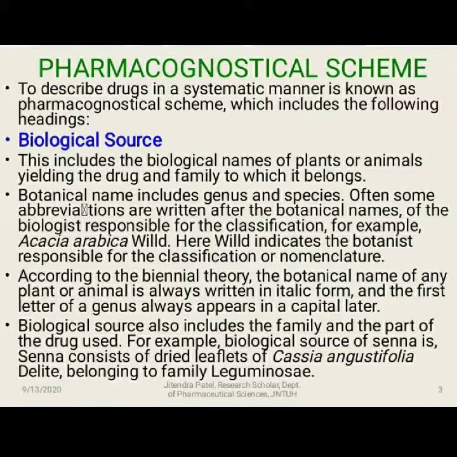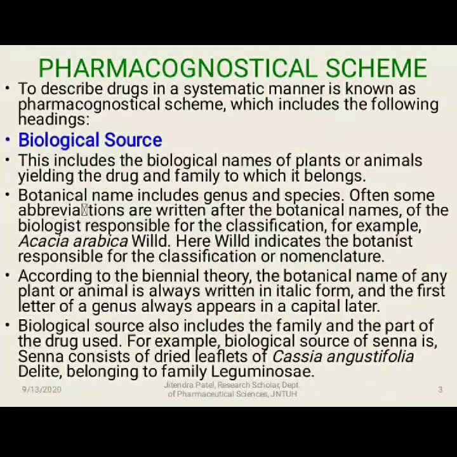Under the fourth point, the biological source also includes the family and the part of the drug used, right? Which part we are using is very important. For example, the biological source of senna: senna consists of dried leaflets. The dried leaflets are the part having the active chemical constituents responsible for the therapeutic value.